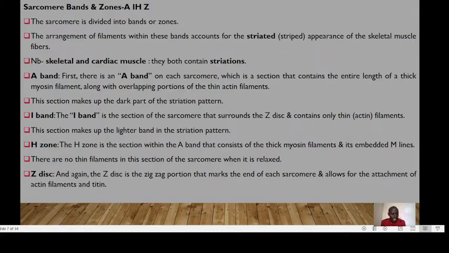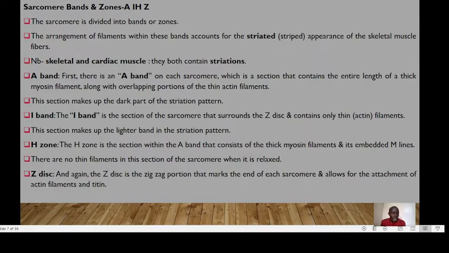So the H zone is the section within the A band where we have the thick myosin filaments and its embedded M lines. There are no thin filaments in the H zone of the sarcomere when it's relaxed.